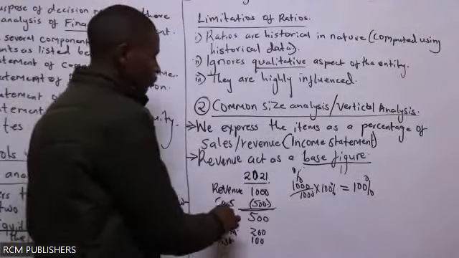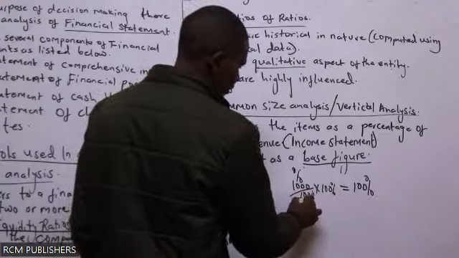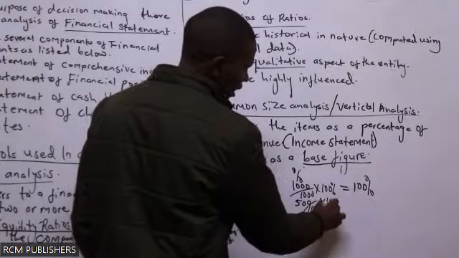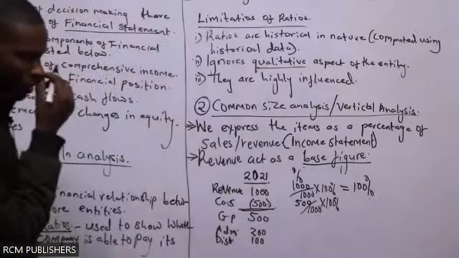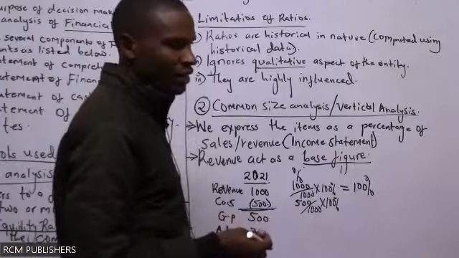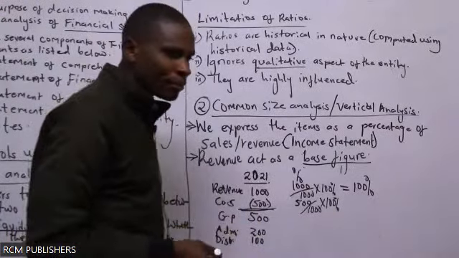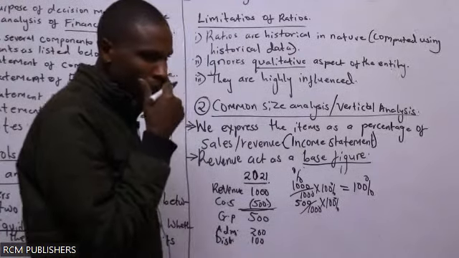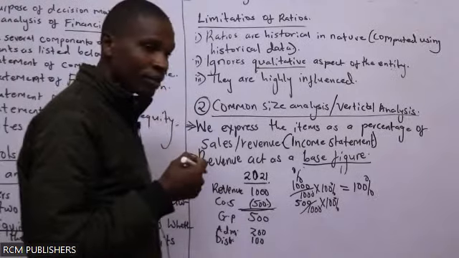What about the cost of sale? As a percentage of sale, it is 500. 1,000 is our base figure always, times 100. What about the cost of sale? 500 divided by 1,000 times 100%. How much will it be? It is 50%.